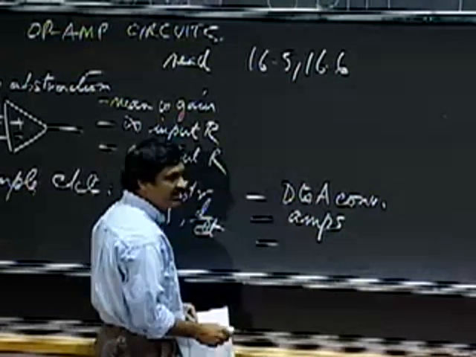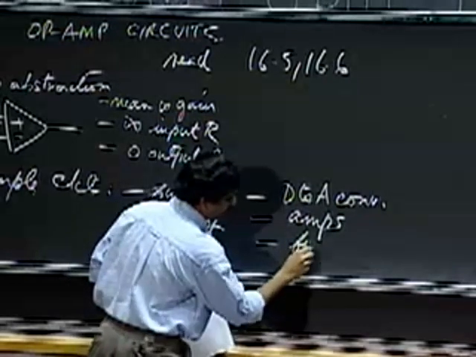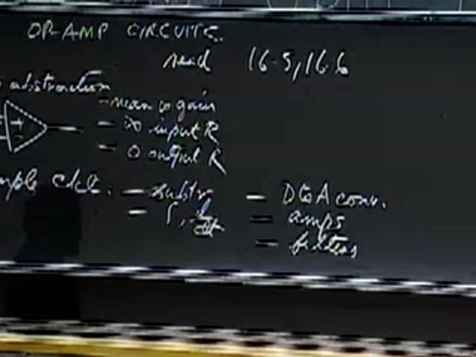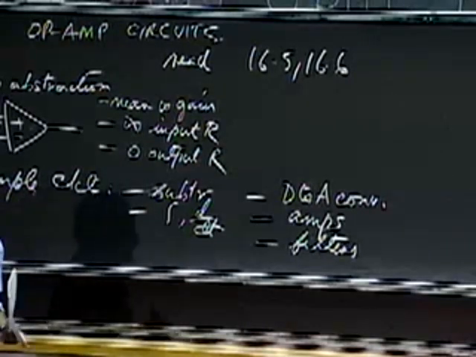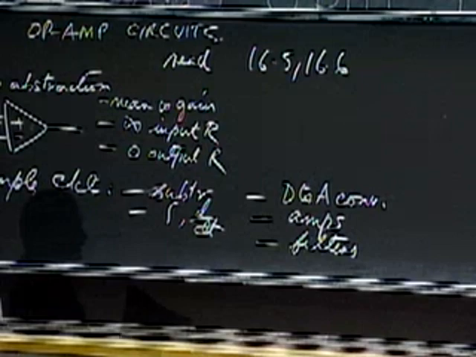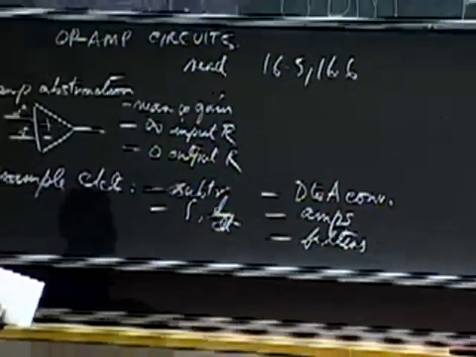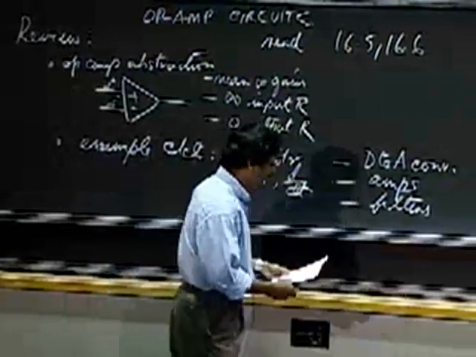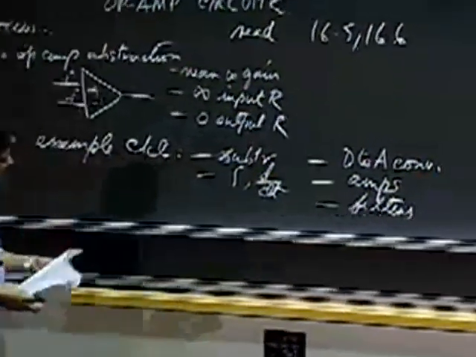In a later lecture, we will also see how we can build filters using an op-amp. This is going to be using the knowledge you've learned in terms of connecting resistors, capacitors, and inductors together and doing a frequency domain analysis. Well, we can throw in the op-amp in there and build filters too. Okay, this is just to give you a preview of upcoming attractions.